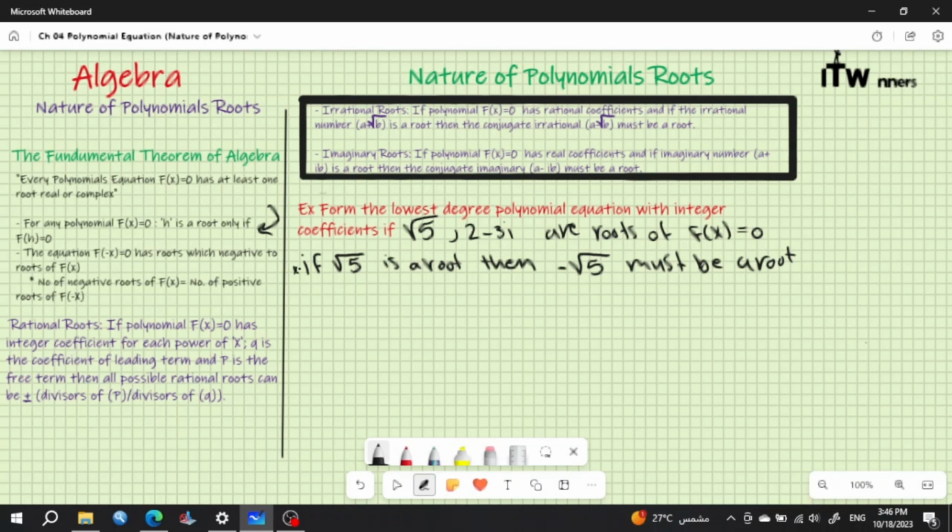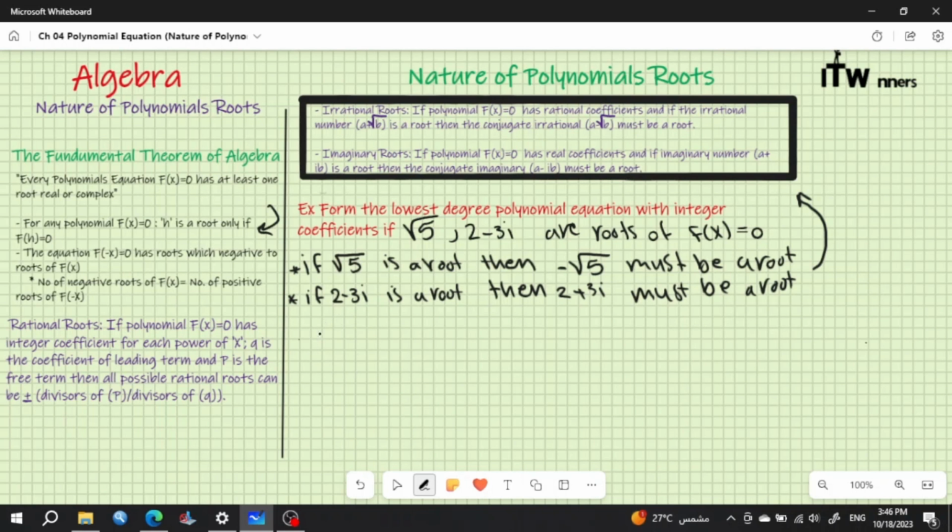Okay, again with imaginary number, if 2 minus 3i is a root, then 2 plus 3i must be a root. Okay, then we have here all factors of this equation. Here we have four roots, so we have a 4-degree polynomial equation.